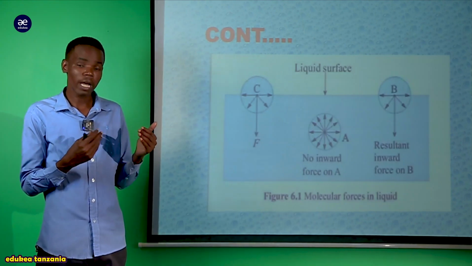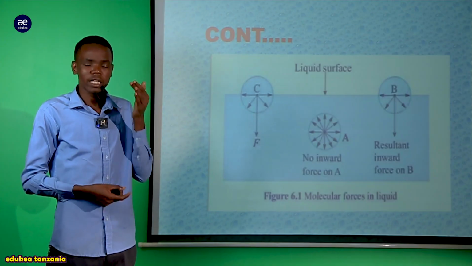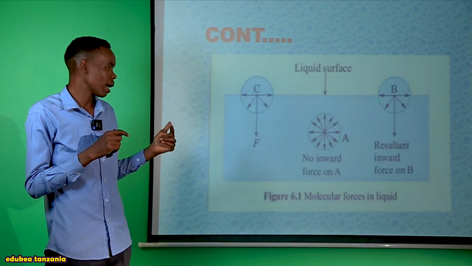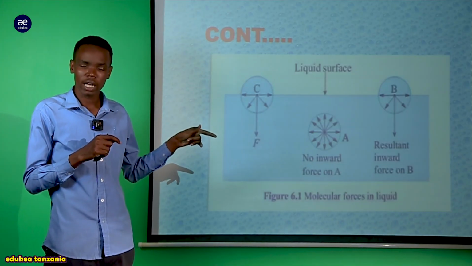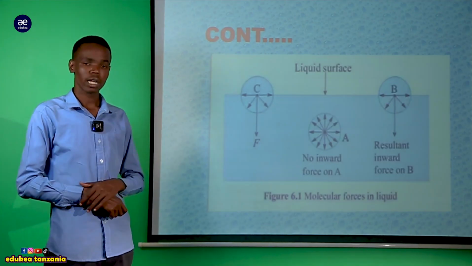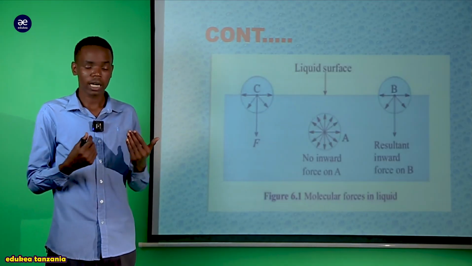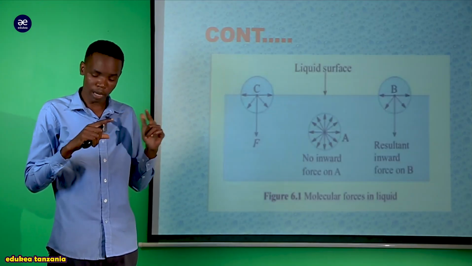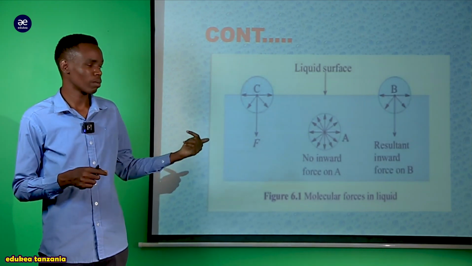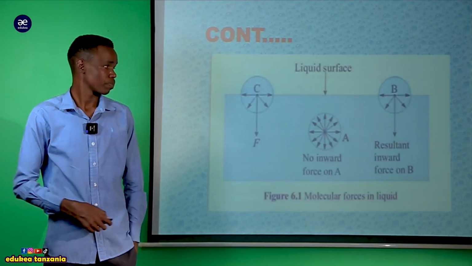Therefore, because they act in opposite directions, moja ita-act kwenda juu na ya pili ita-act kwenda chini, hizi forces zita-cancel. Zikisha cancel, basi mle ndani hakuna force inayoact. Ndio maana akasema kwamba no inward force that acts on this rain drop A, kwa sababu ya ile cancellation of the forces, kwa sababu force ambazo zimeact mle zinafanana, inayoenda juu na inayoshuka chini zote zinafanana. Kwa hiyo tutasema hakuna force ambayo ita-act kwenye ile rain drop.